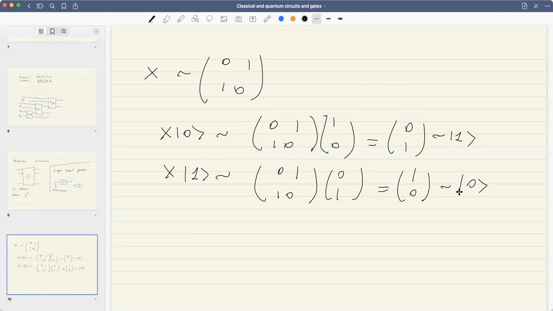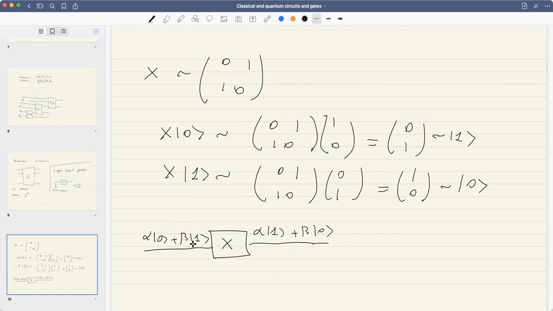But of course, these are qubits, so the state is not just 0 and 1. A general state would be alpha 0 plus beta 1. So suppose I put this X gate and I send one qubit that's alpha 0 plus beta 1, for some arbitrary alpha and beta, as long as it's normalized. The way it changes that state is it gives me alpha 1 plus beta 0.